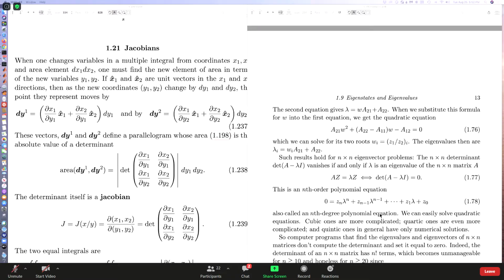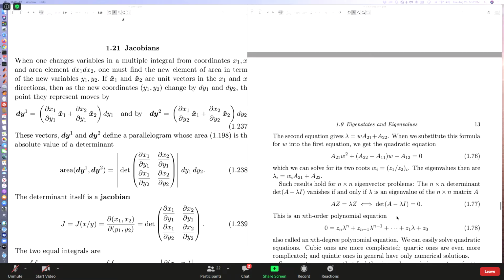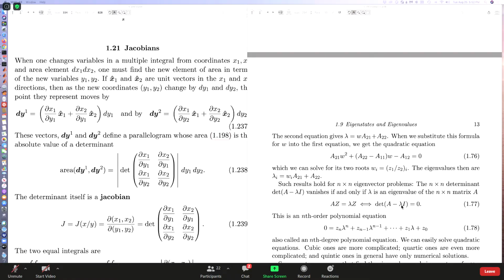What you do is compute the determinant of the matrix M minus lambda I, where M is that 5 by 5 matrix you saw a moment ago.